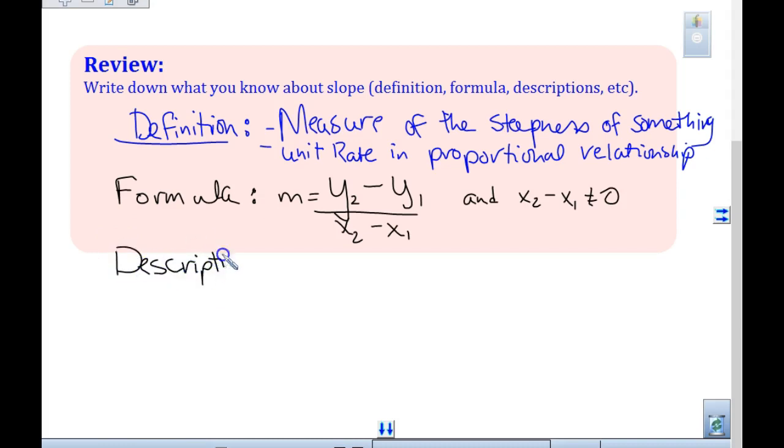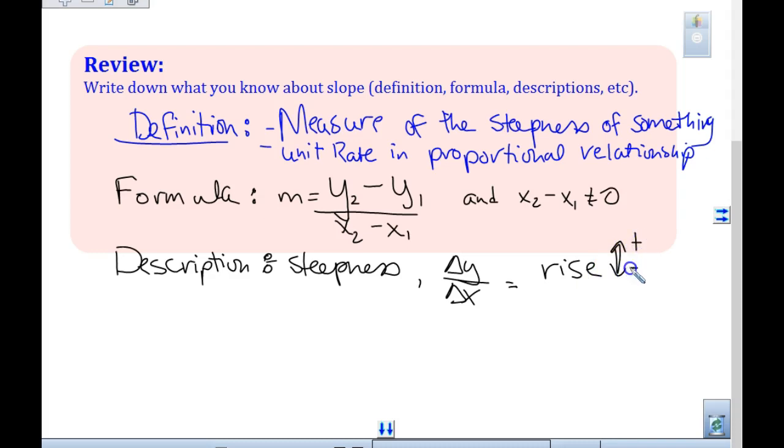So next thing we are taking a look at is our description. Okay? When we look at the description, words we might be using might be our steepness. We might be looking at change in y divided by change in x. We might be looking at writing down that this is our rise going up, positive, down, negative, over the run.